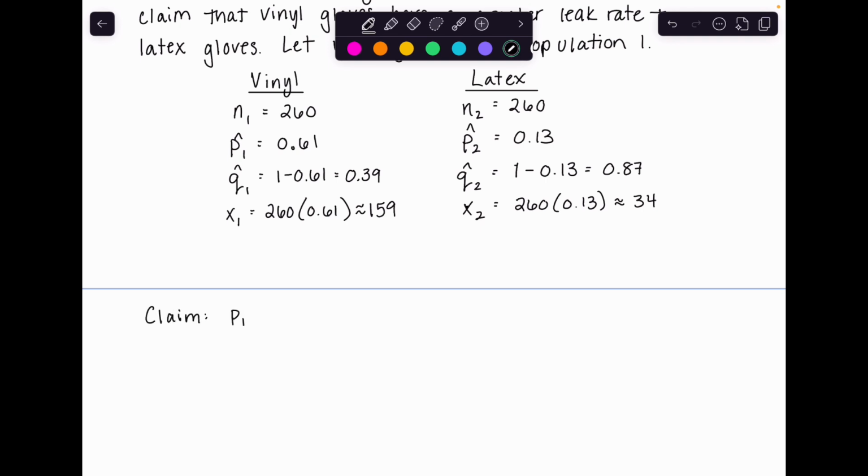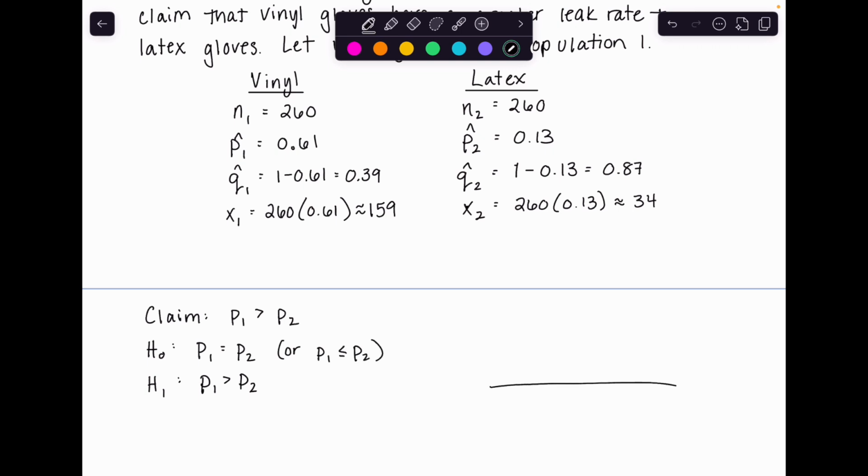The proportion that leaks for vinyl is greater than the leakage for latex. So since this does not involve equality, that means this is the alternate hypothesis. And the null hypothesis is that these two proportions are equal to each other. Or again, the way you can think of it is this proportion is less than or equal to the other, okay?